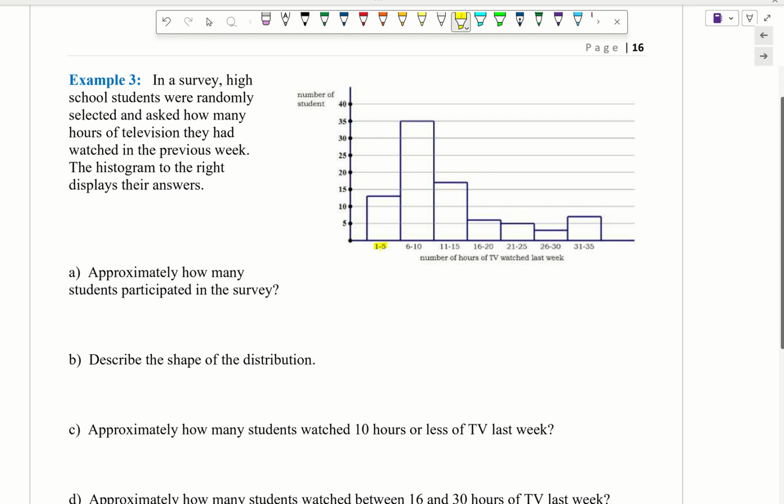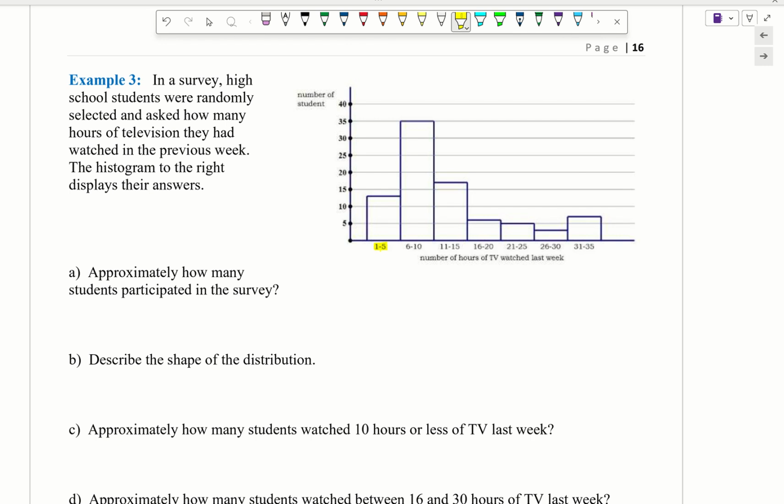So like the first bar represents 1 to 5, which in the context of this question are how many hours a student watched television in the previous week. So the first bar represents anybody who answered 1 through 5, and then 6 through 10, and so forth.